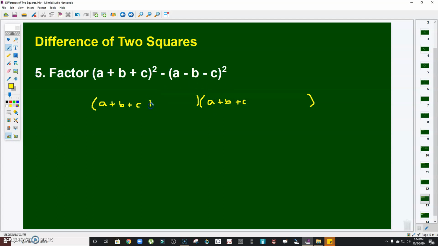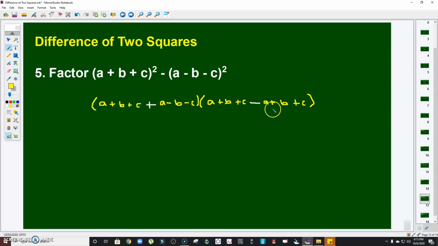Next, one is plus, and the other is minus. Just remove the square again, then copy. That will be a minus b minus c. Now, since this is preceded by a negative sign, the a minus b minus c becomes negative a plus b plus c.